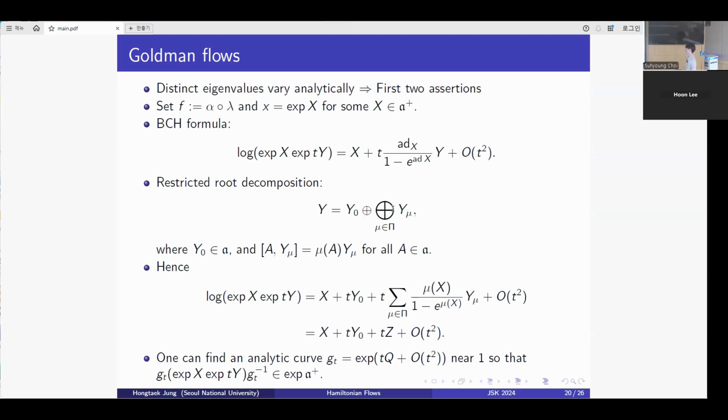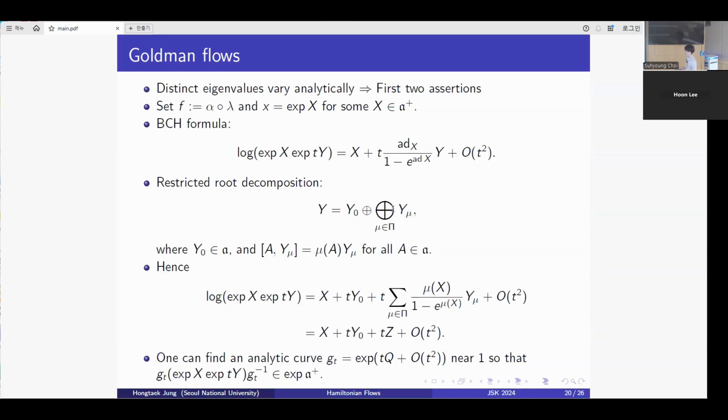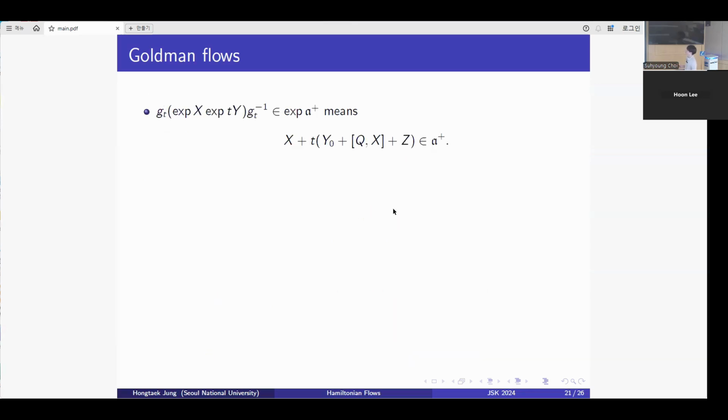Because the curve is analytic, you can expand it in a Taylor expansion. We don't have the constant term because g at time zero is the identity, so we have only the first and higher order terms. You evaluate this expansion, and then we have this.